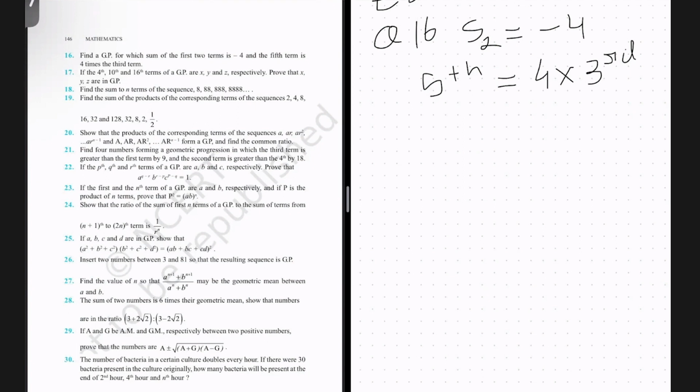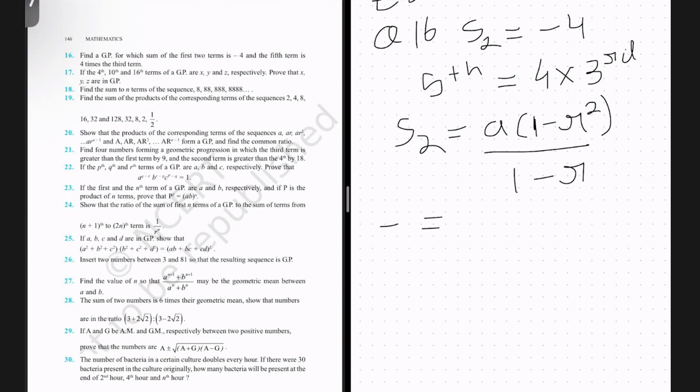So S of 2 would be represented as a times 1 minus r raised to power n, upon 1 minus r, right? And this entire expression is nothing but -4. So equating this to -4, you have a times 1 minus r square, upon 1 minus r, right?